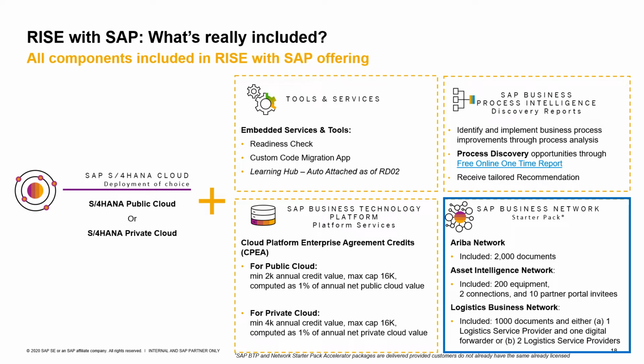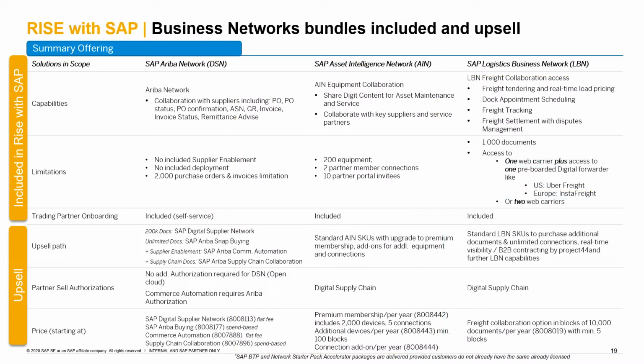Finally, let's take a look at the SAP Business Network and the Starter Pack. So here we see, it's a busy slide. I would recommend you take a copy of this slide, print it out, and tuck it away. Okay, so this is the RISE with SAP Business Networks bundles, what is included and what you have available that you can upsell.